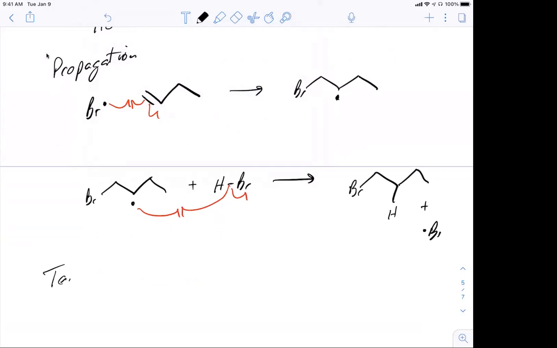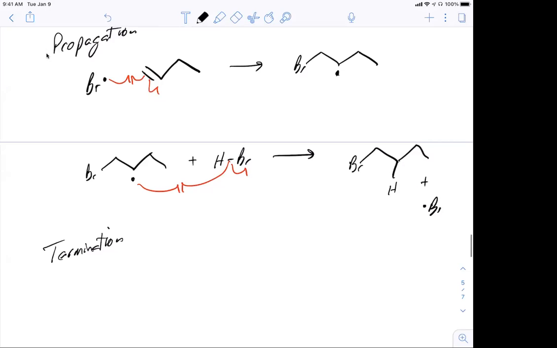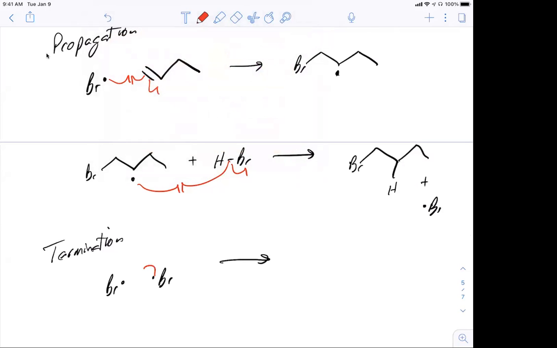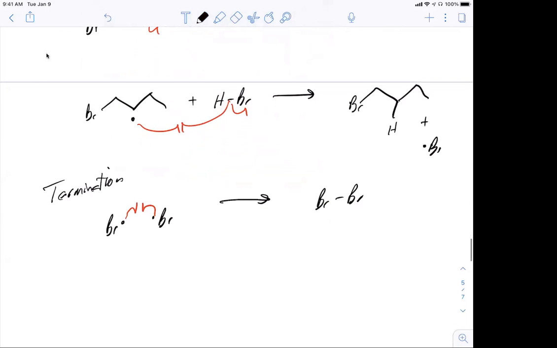And then what happens in termination? Any two radicals come together, so we could have two bromine radicals finding each other. Right, that's a termination. We could have had two hydroxide radicals coming together.